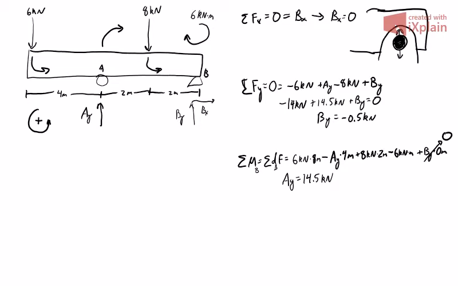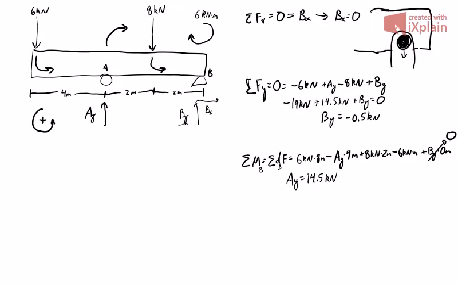If someone were trying to lift the beam up, the pin would keep you from lifting it. That's the situation we're in right now: the pin is actually holding the beam from being lifted up above that pin, which is fine. It means that the direction we drew for By isn't perfectly accurate, but that's fine. It just comes out as a negative number. Everything is fine.